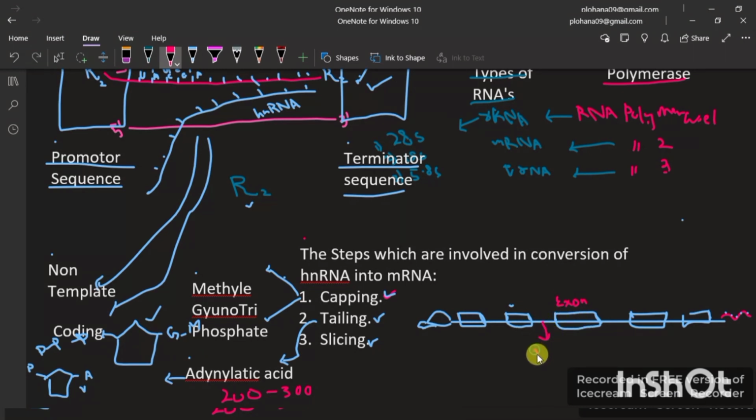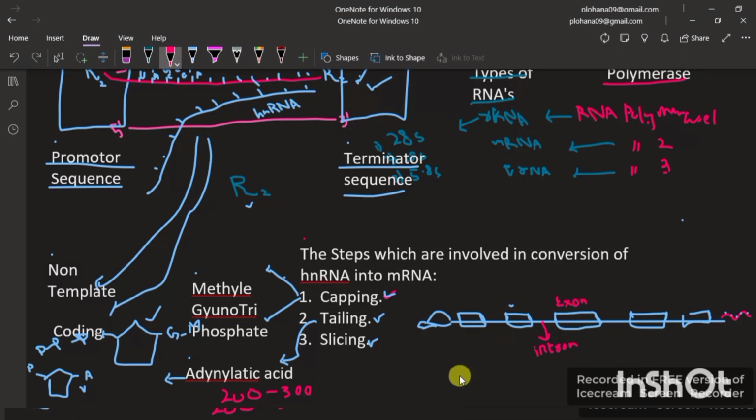These are known as introns. Alright, so these are introns. Introns are the parts of the RNA which are not forming protein, and exons are the parts of RNA which are forming protein. So these are basically exons and introns. Alright, so now what we have to do?